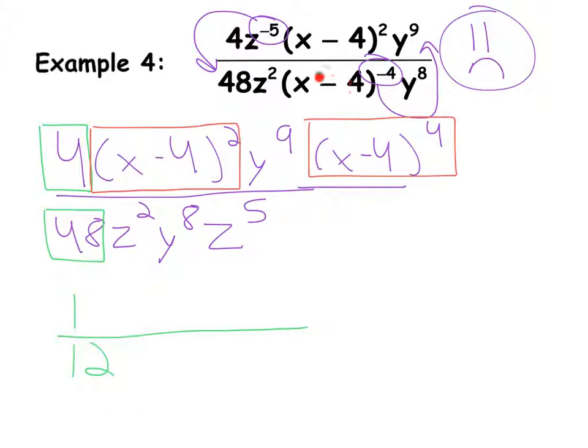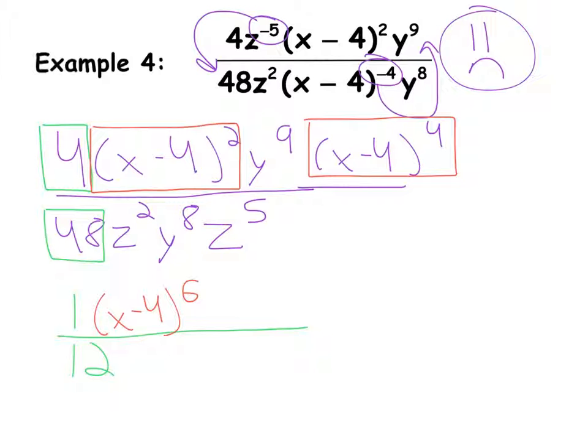It was living down in Florida, but we moved it up, and now it has a positive exponent. So x minus 4 squared times x minus 4 to the 4th power. When we are multiplying, because they're both in the numerator, we go ahead and add the exponents. So 2 plus 4 gives us an exponent of 6.